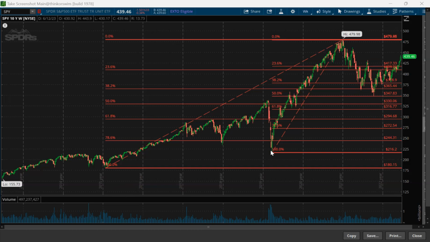And then you have a fib sequence that goes down to that correction that we had during COVID. So that's happening in 2020. And then goes all the way up to the high point for the S&P 500. And that kind of peaks at about the beginning of the year of 2022, maybe the very end of 2021, all right?